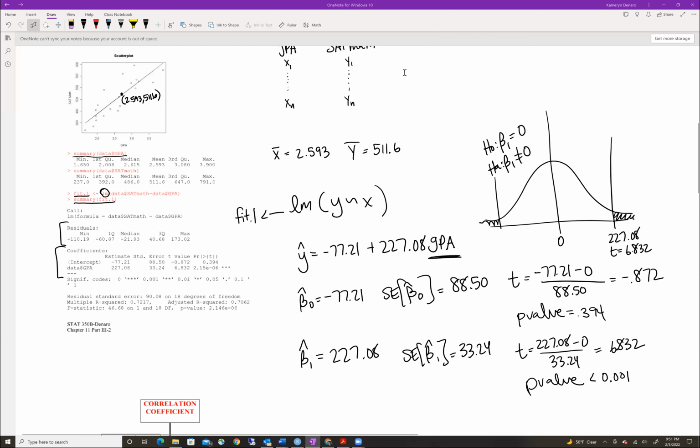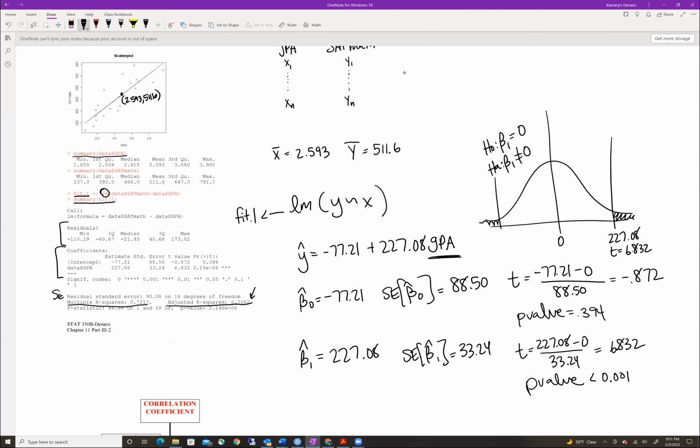Some of the other nice things that you can see on here, besides the coefficients, are also your residual standard error, that's our S epsilon. And also we have a multiple R squared and an adjusted R squared. In general, we'll use this adjusted R squared because as we input variables into the model, it will penalize you for having more and more variables in the model.